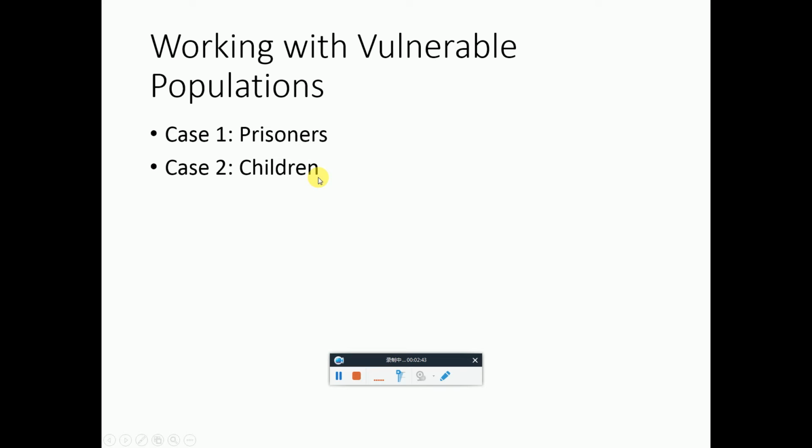Even when they sign your consent form, that consent form is in fact void, because the children's ability to comprehend your language is in serious question. So that's why working with these two populations presents challenges for researchers.